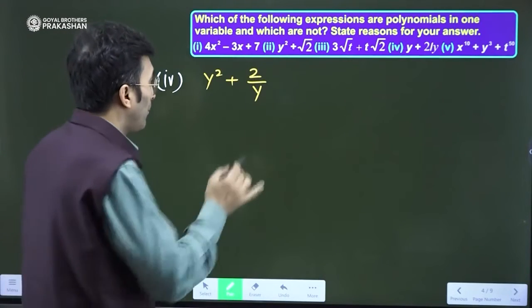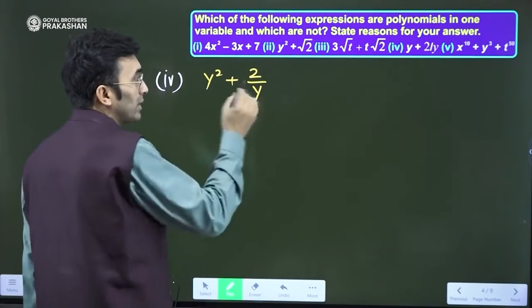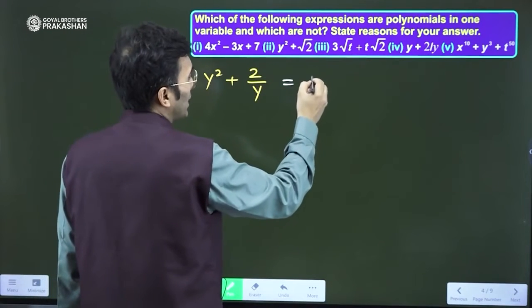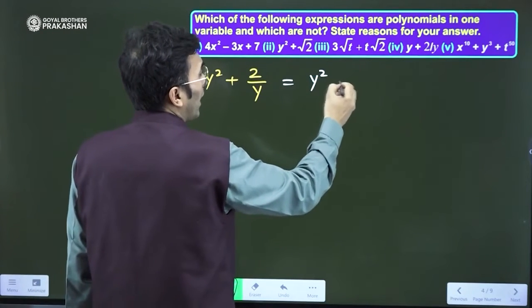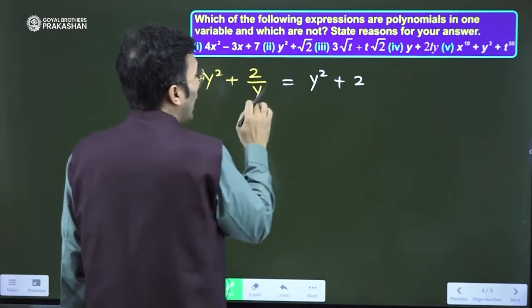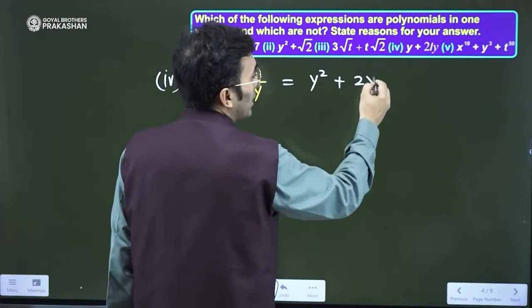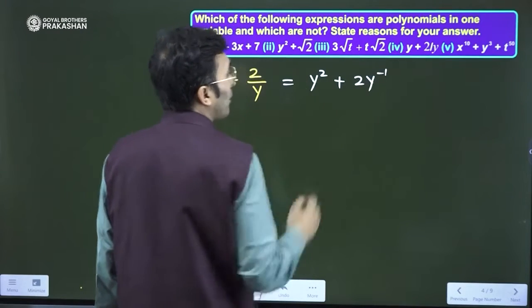But this other term can be written as y square plus 2, and this y can come up, so that will be y raised to the power minus 1.